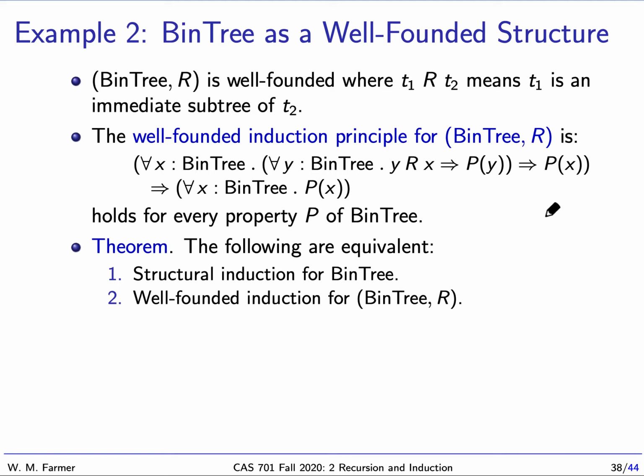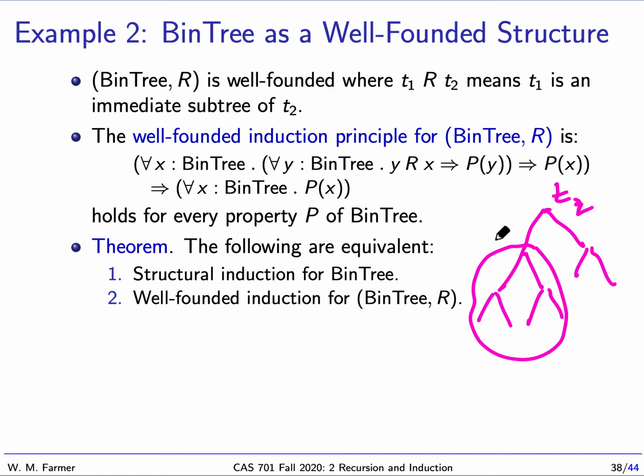What that means is, so we have these binary trees like this. So if this is T2, the whole tree is T2, then this tree could be T1, or this tree could be T1. Those are the immediate subtrees. So basically we say the immediate subtrees are related to the whole tree by this R relation.